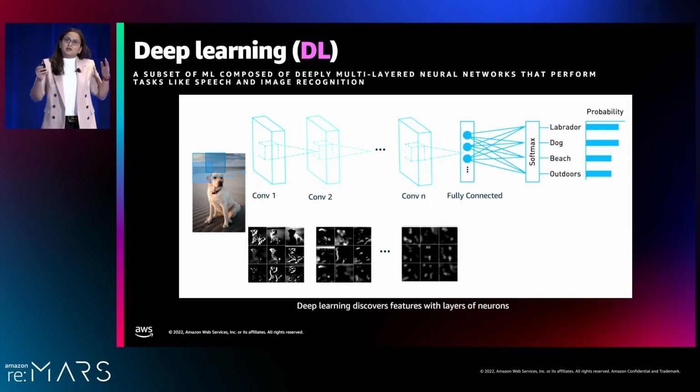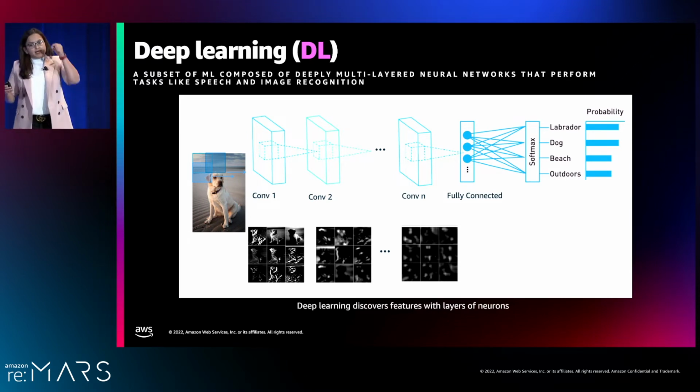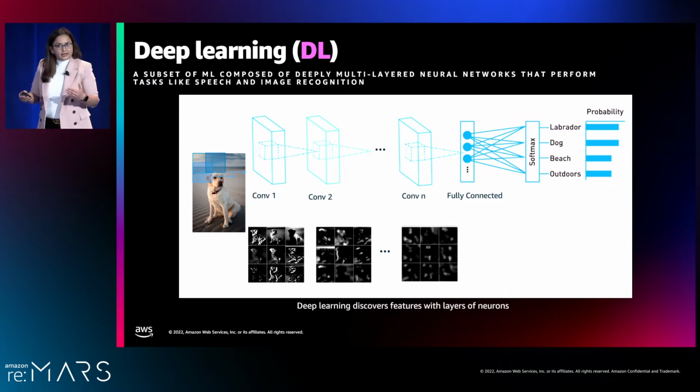Now, deep learning is a subset of ML composed of deeply multi-layered neural networks that can perform tasks like speech recognition and image classification. That's the agenda for today. So that's where we're going to double click and understand what is the science that it takes to create a system that is smart enough to identify a picture.